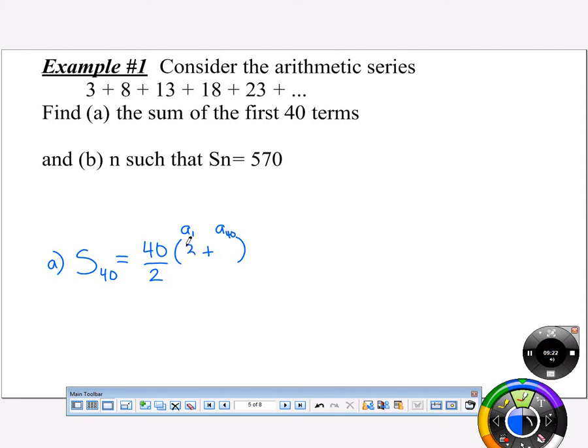From the list, I can see that the first term is 3, but I don't have the 40th term. So I have two choices. I can either write out the series until I get to the 40th term, or I can use what we talked about last time, that there's a rule that helps me find the 40th term. So the first term is 3, and the common difference in our series is 5.